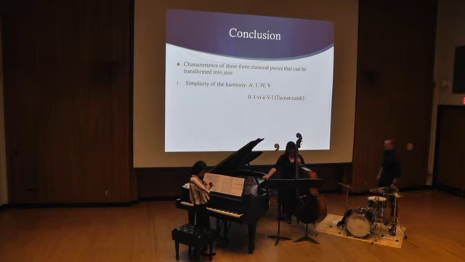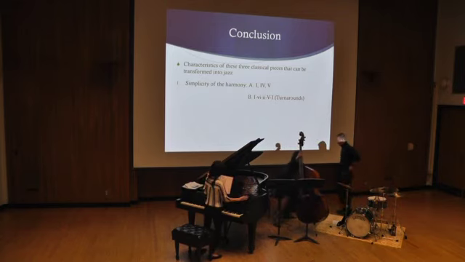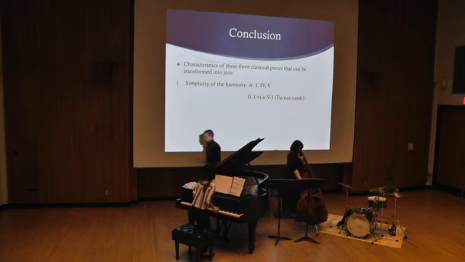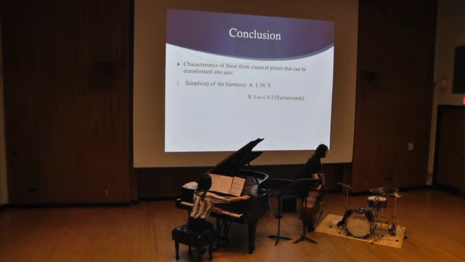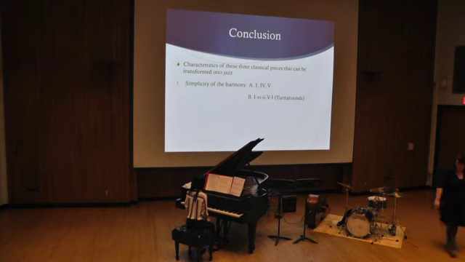Right on. Okay, so I'm going to talk about the last bit, the conclusion. After hearing all these pieces, I'm going to talk about the characteristics of these three classical pieces that can be transformed into jazz. So first, it's the simplicity of the harmony.